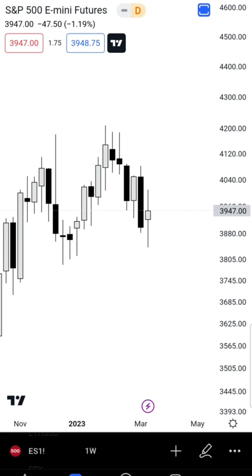Now, as we have been taught, the best way to analyze a chart is not to open the chart and go to the 5 minute, 1 minute, and just look for a market structure shift. Because that's what they do on Twitter, but that's not the ideal way of doing it. The ideal way is as follows.